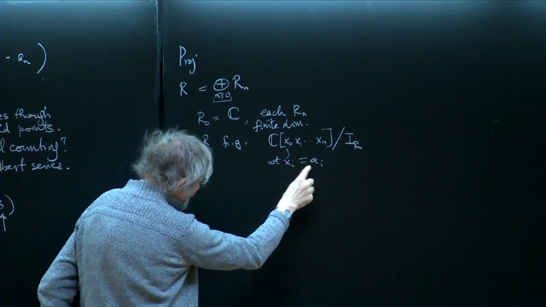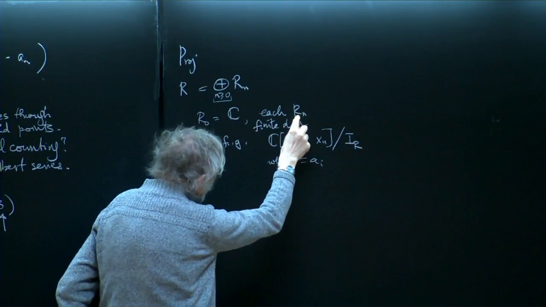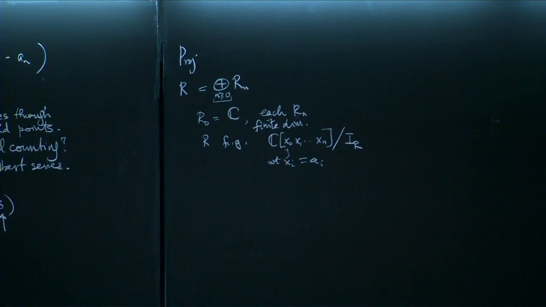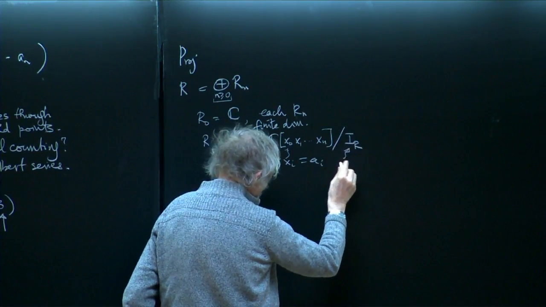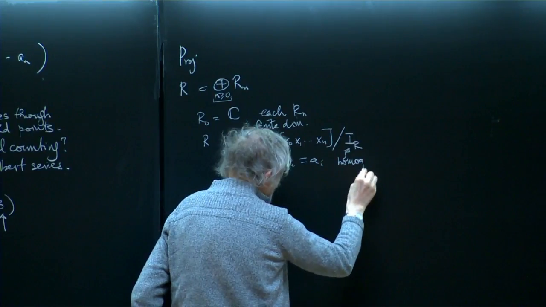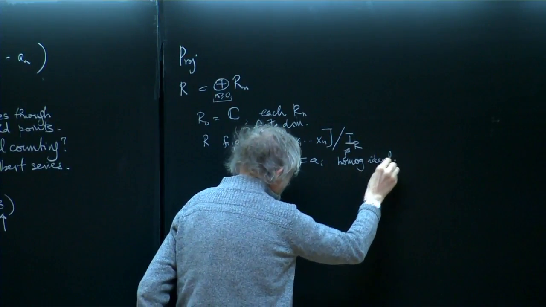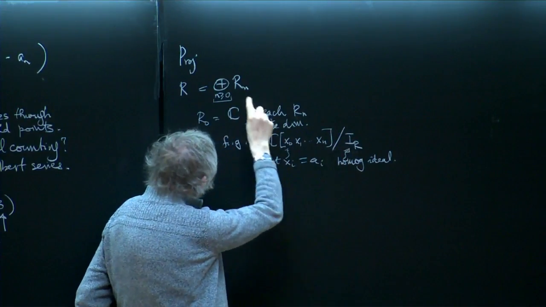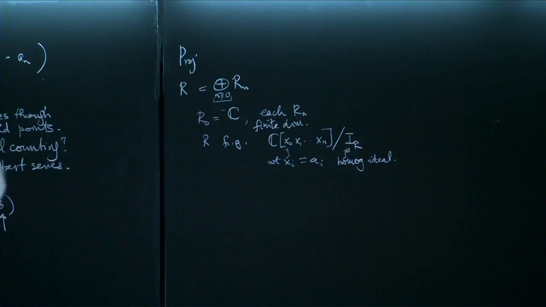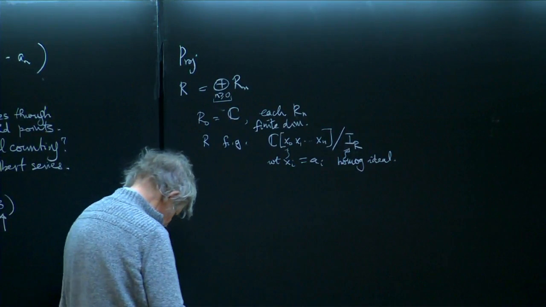So each of these generators ai belongs to some one of the graded components of the ring, so they're forms of some given degree. And this is a homogeneous ideal. Homogeneous ideal just means that the ideal itself is also a direct sum like this of sub-vector spaces of each Rn, and they multiply in the expected way.